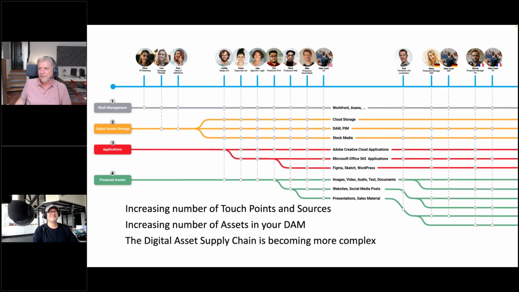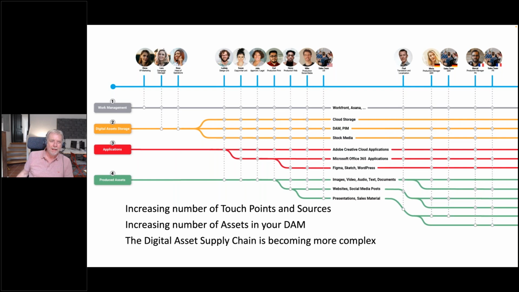I'm starting with this slide, which should illustrate the growing number of touch points during a project or a campaign, and also the growing number of produced assets that are stored in the various systems for further use. And by digital assets, I don't just mean images. There are templates, designs, graphics, icons, videos, audios, animations, text, and so on.